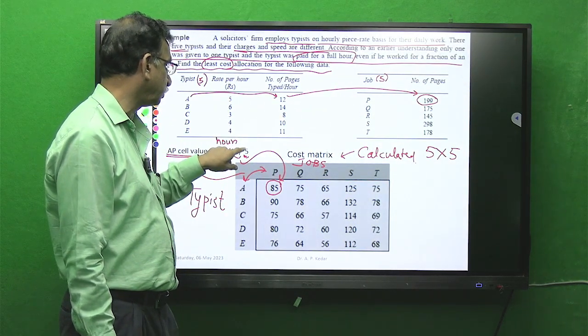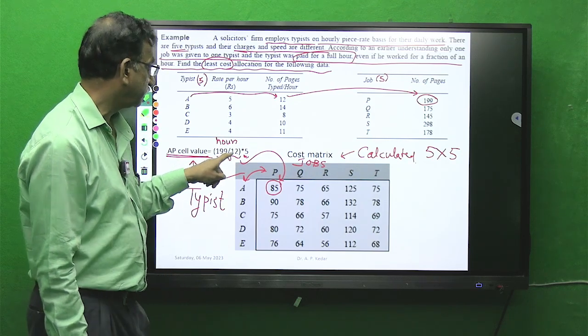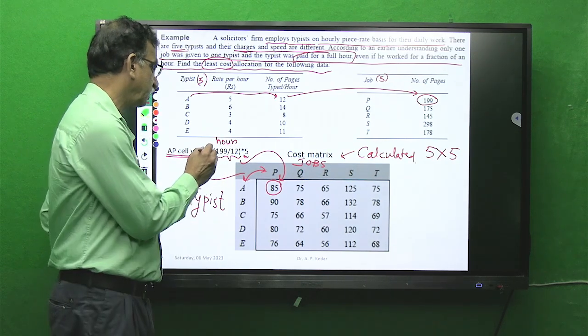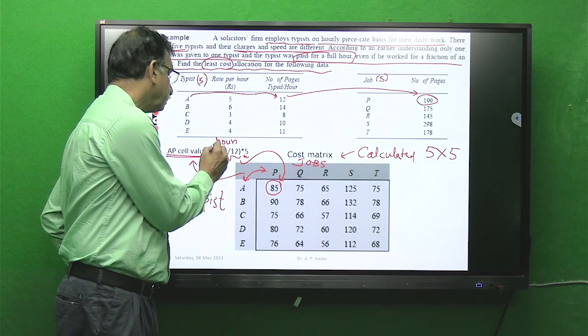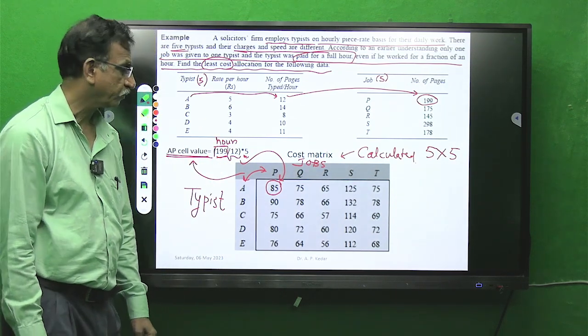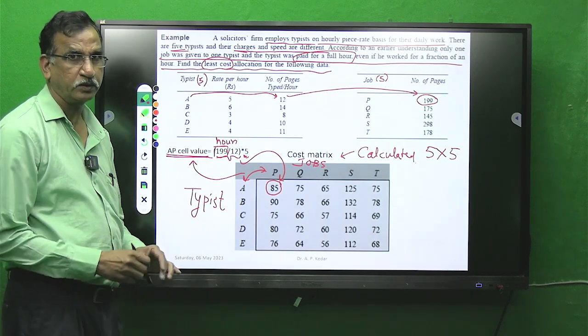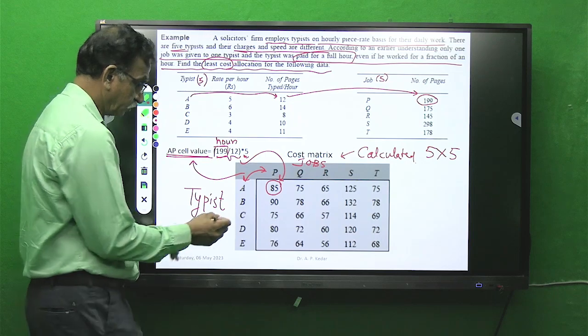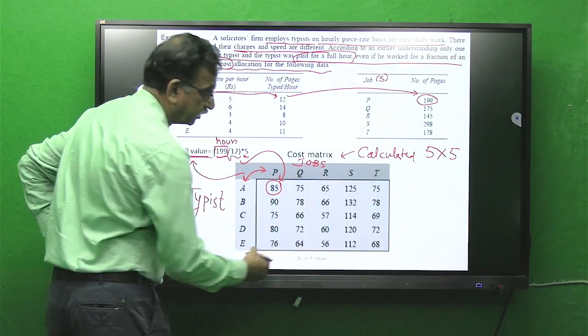This will change. Into 5 will remain constant. Divided by 12 will remain constant. Only this number of pages for different jobs will change. Got it? In this fashion, you will get this entire matrix.